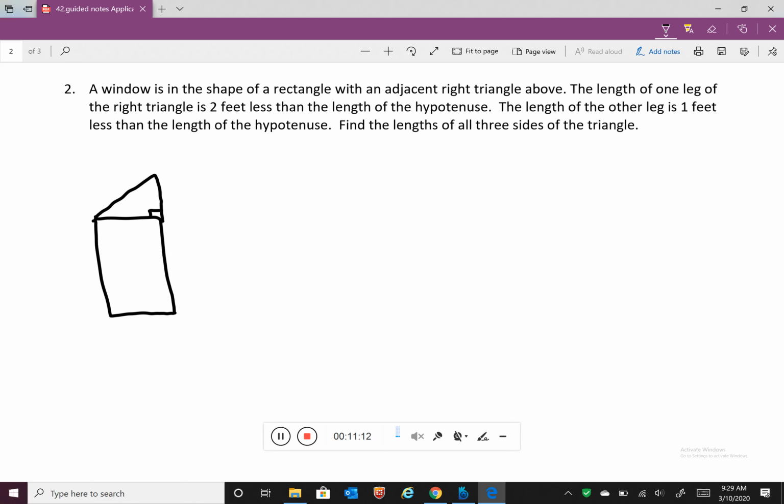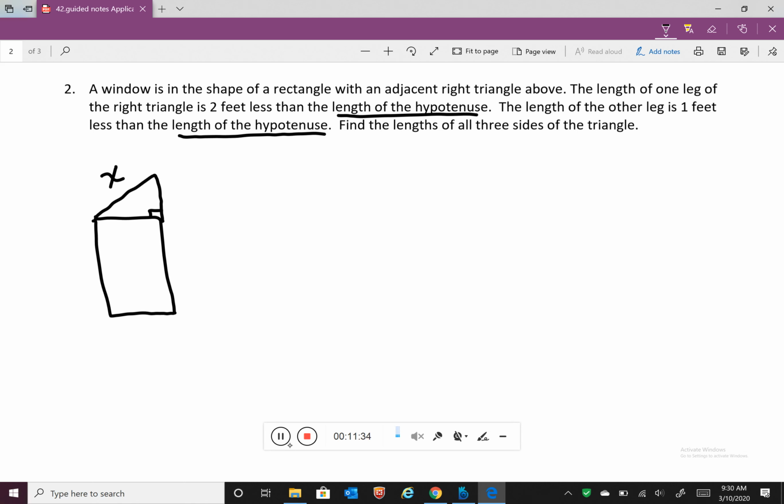Now I'm going to keep reading. The length of the other leg is 1 foot less than the length of the hypotenuse. Notice both of the legs are being described in terms of the hypotenuse. So we don't know what the hypotenuse is, so we're going to call it x.